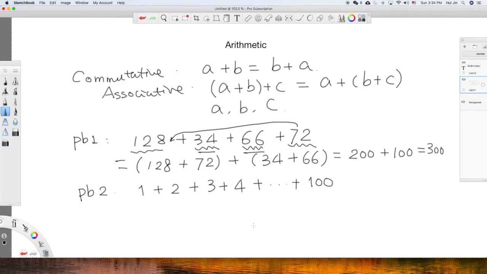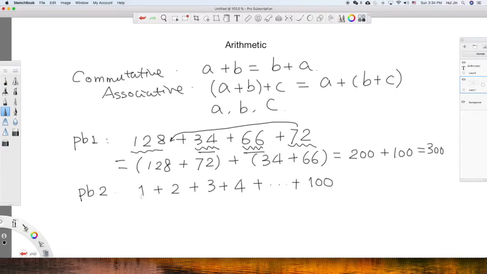Okay, so this is a well-known problem, and it's a problem probably you have encountered before already, and it has a very nice formula. But the basic idea to do this problem, at least one approach, is to pair the numbers together.